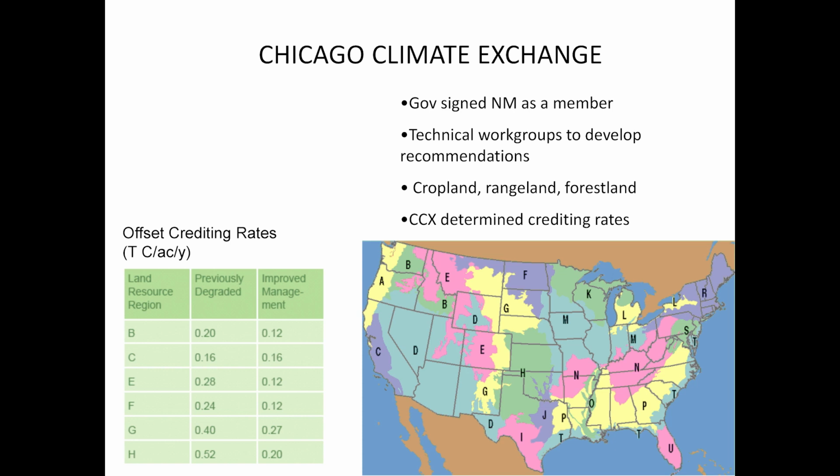So the way we did it was we took an existing land classification system called land resource regions that we use in soil survey. USDA uses this for programs, so it's widely accepted, widely accessible. We took the literature and looked at these areas and assigned values. We developed regression equations and assigned some values to them.